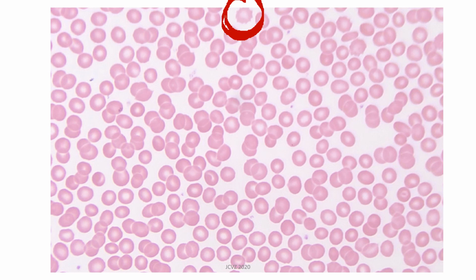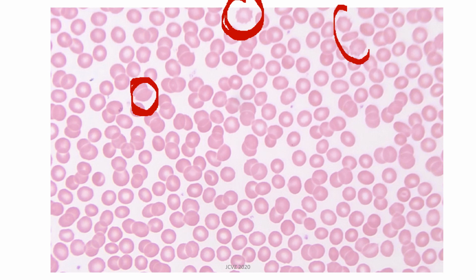Another one is this one. It is not perfectly round, and notice it has no central pallor, and the lateral edges of the cell are pointed. There is a special name for this cell. We call this the teardrop cell, or the dacryocyte. And then another poikilocyte I saw is this.